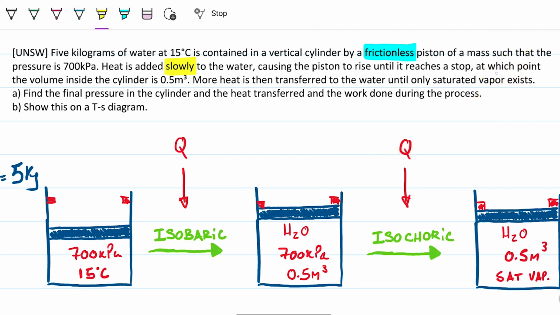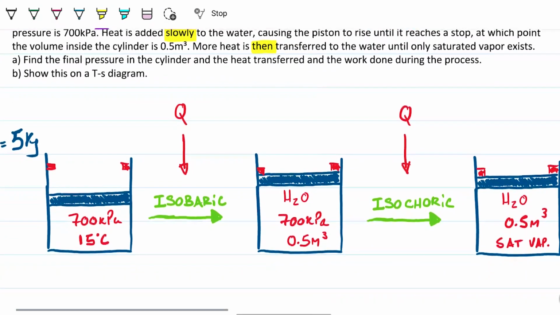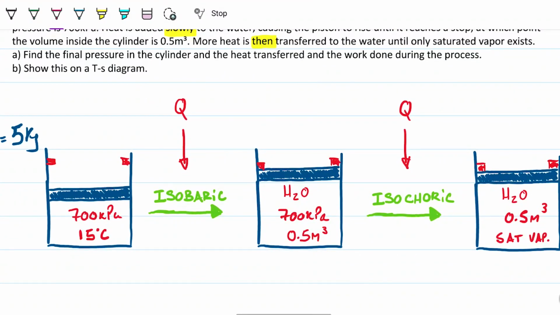Okay. What else? Note that we have a total of 3 states, because we first add heat, and then we add more heat afterwards. So we add heat so that this piston is able to move, and it rises until it hits the stops. From that point onwards, it cannot move anymore.